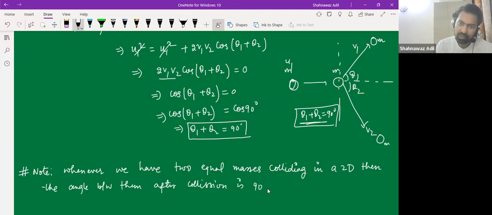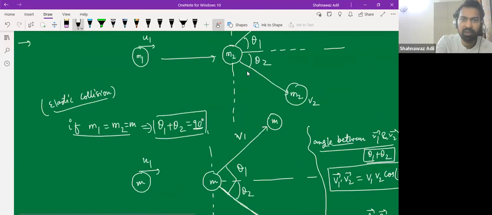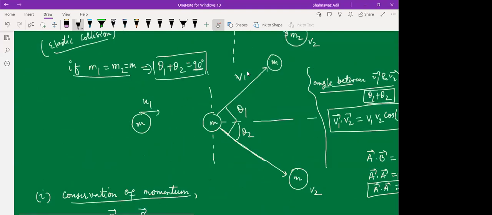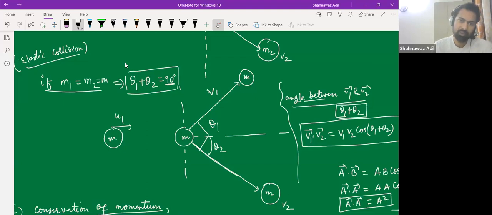This is the important result that we have. Please note it down, and if you have any doubt, please ask. Please note it down. This we wanted to prove. This is the condition that we have.